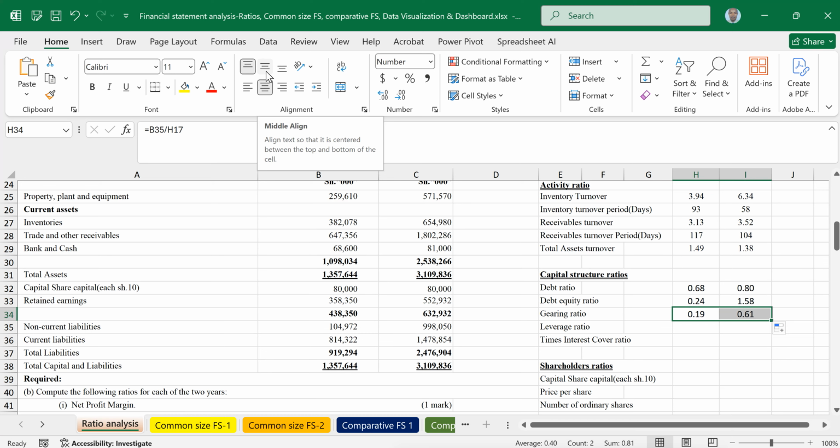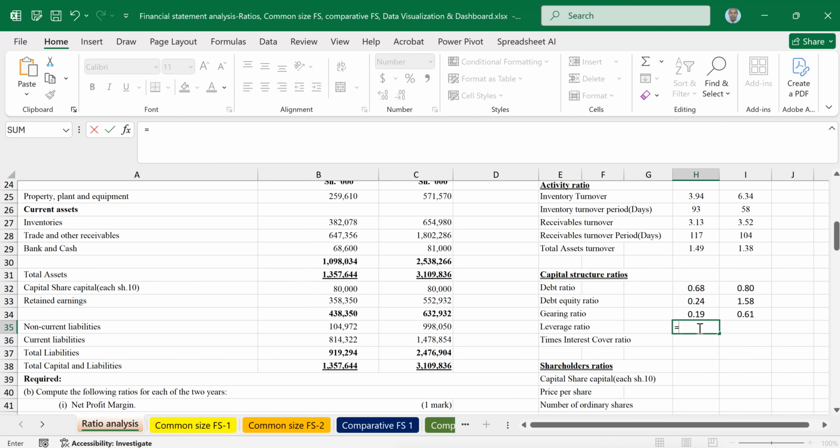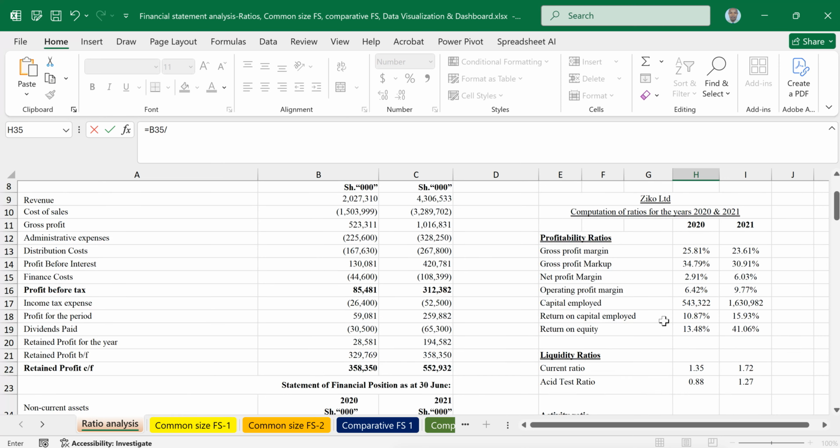Leverage is the reciprocal. You will simply take debt capital, which is the long-term liabilities, the non-current liability, and divide that with the capital employed, which is here, 543,322. Then we're getting the same answer.